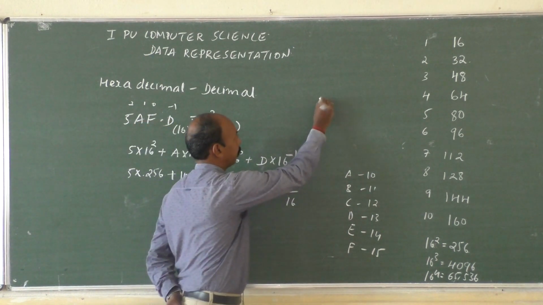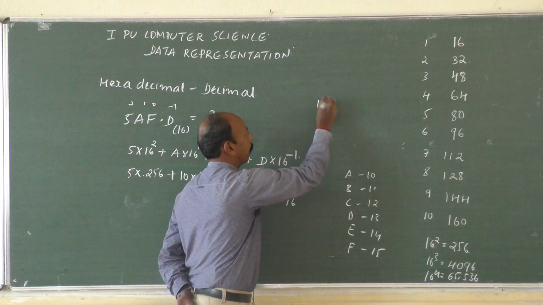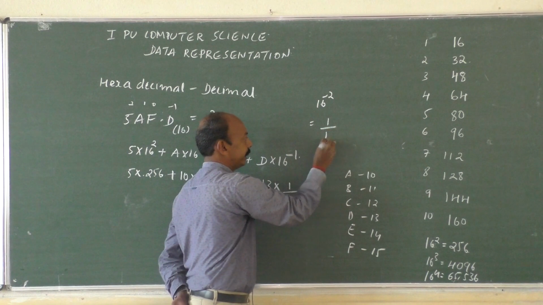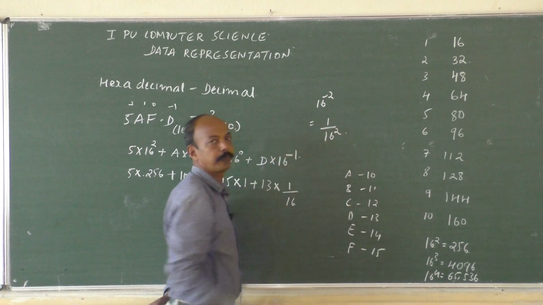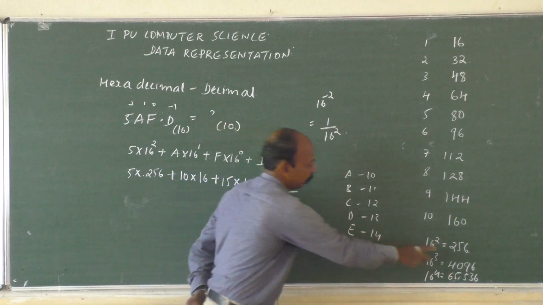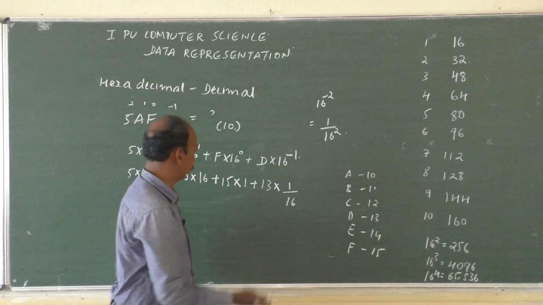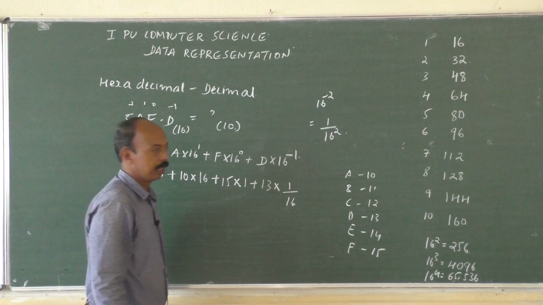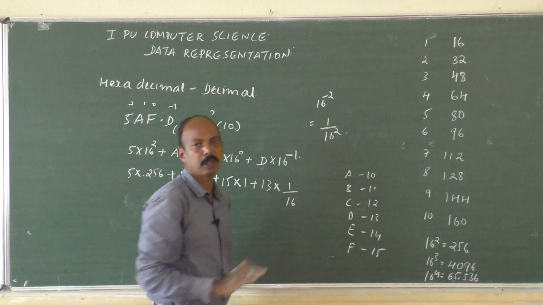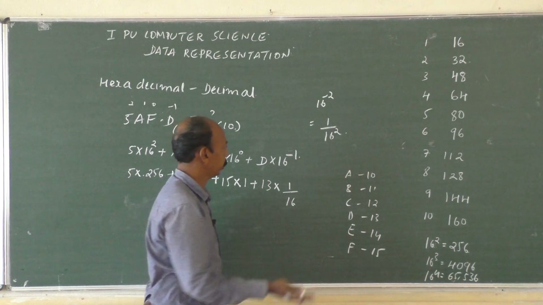Suppose 16 to the power minus 2 means what? That will be 1 by 16 to the power 2, that is 1 divided by 256. It will be a very small number. Even this is a small number. When it is 1 by 16 to the power 2, it will be a very, very small number. If you have calculators, you can have a look.